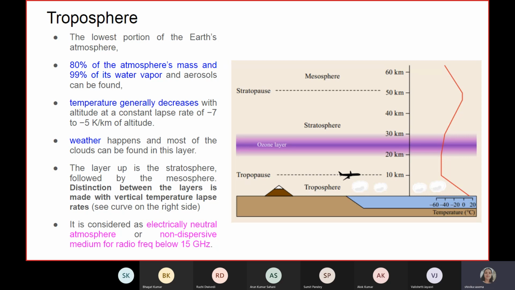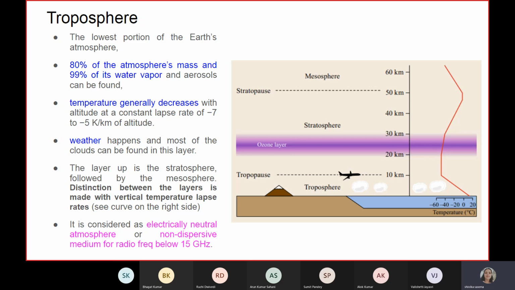How are we making distinctions between various layers of this atmosphere? We are making distinction between the layers with the vertical temperature lapse rates. What is temperature lapse? Lapse means something is decreasing. What is decreasing? Temperature is decreasing with height.